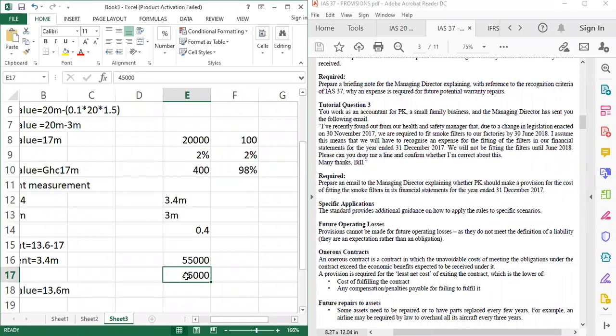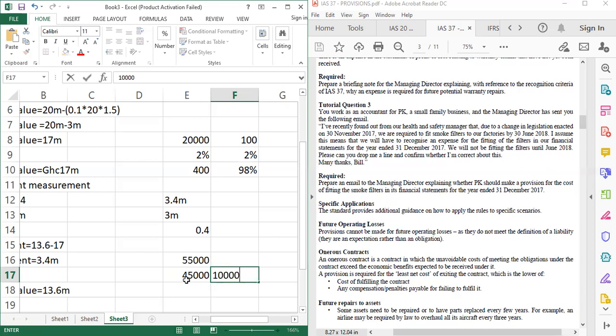If you terminate, you pay 45,000. If you continue with the contract, you pay 55,000. The benefit of terminating is better than fulfilling it. That's what we call an onerous contract. So an onerous contract is one in which the unavoidable cost of meeting the obligation under the contract exceeds the economic benefit expected to be received under it. You are going to save 10,000 by not fulfilling the contract.